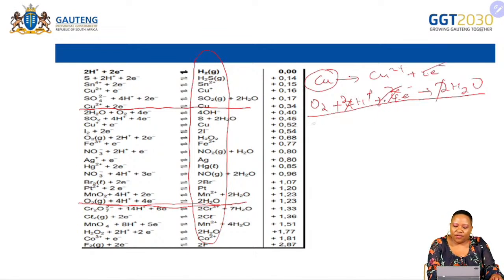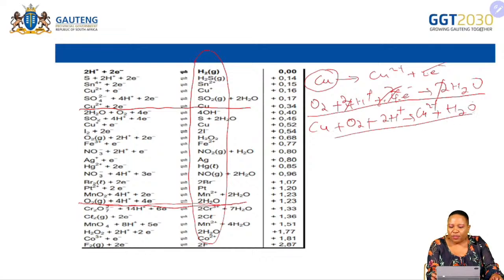And then we're going to have Cu plus O2 plus 2H plus giving you Cu2 plus plus H2O. Remember, the electrons have cancelled each other as we are doing the reactions.